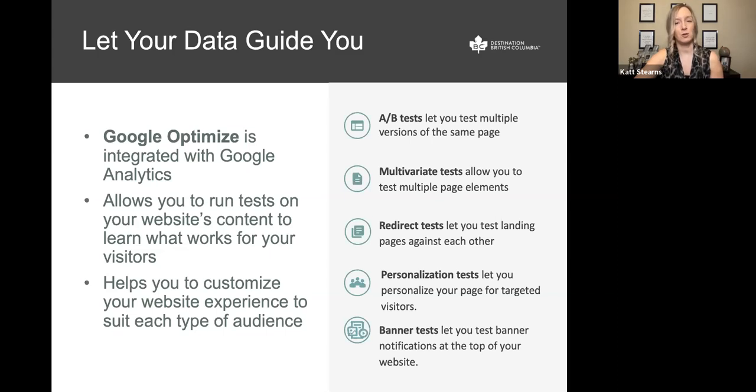You can use this tool without any coding to make all of these changes and updates, and then run a test where, say, if you have 100 people, 50% go to your current page that's live on the website, and 50% go to the variant you've created where you're testing a button, a headline, or different text, and you see which one performs better.